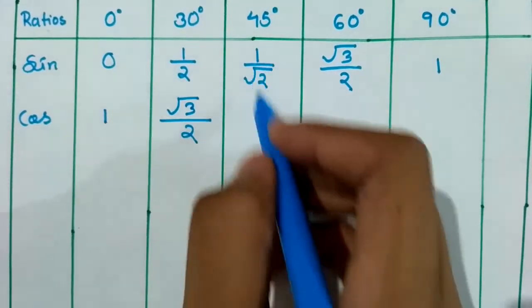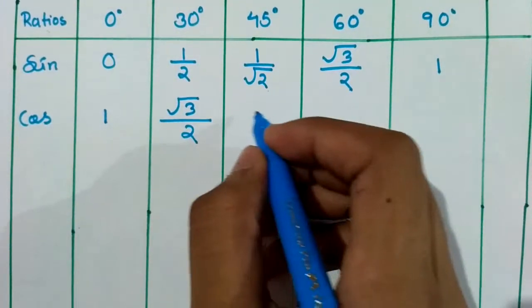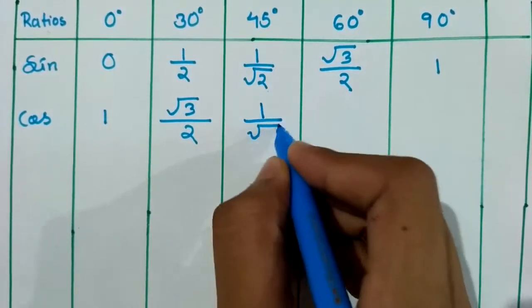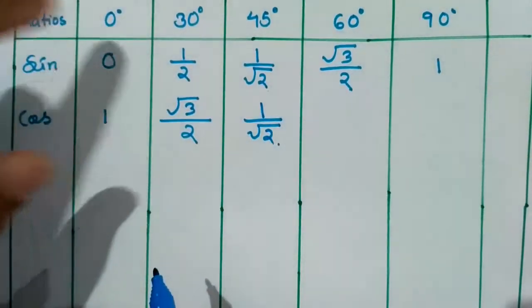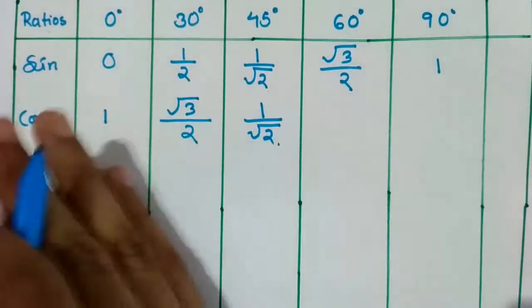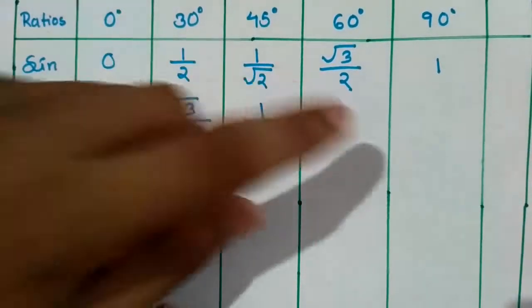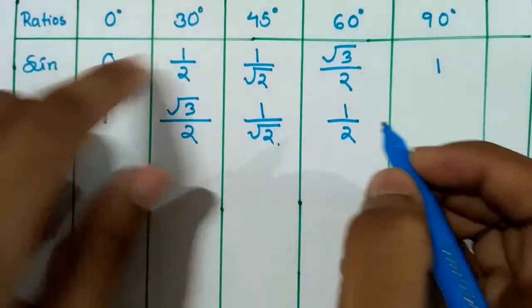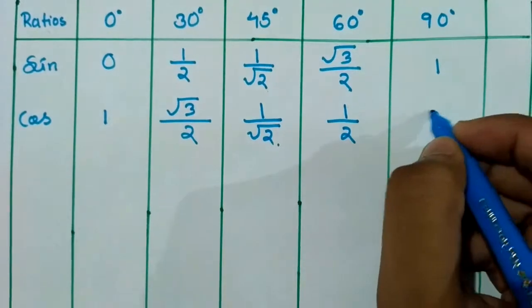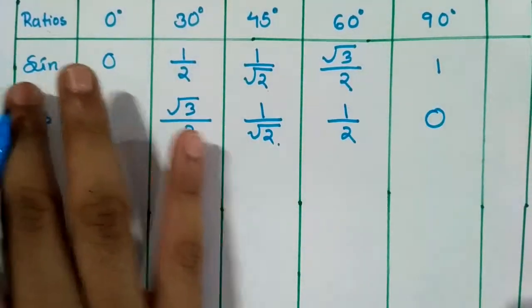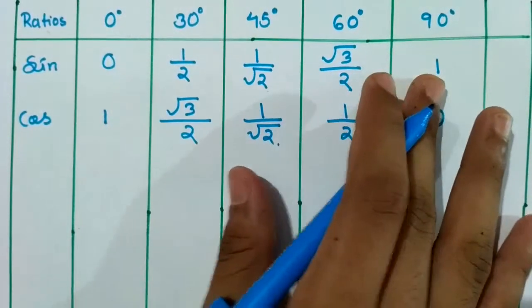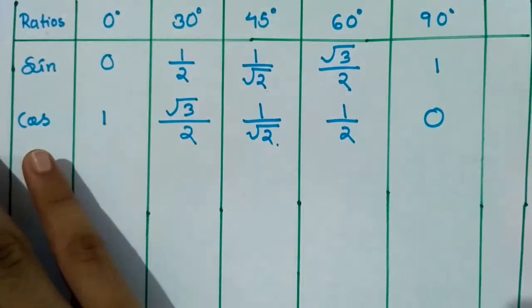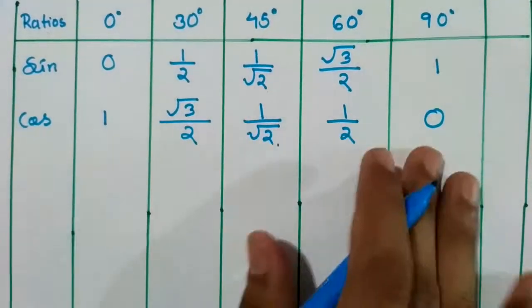For 1 by root 2, it will remain the same because it is the middle one. And now just the opposite, as I have told you, this will come here, that will be 1 by 2, and this 0 will come here. So if you know the formula of sine, then by alternating you will get the formula of cos.